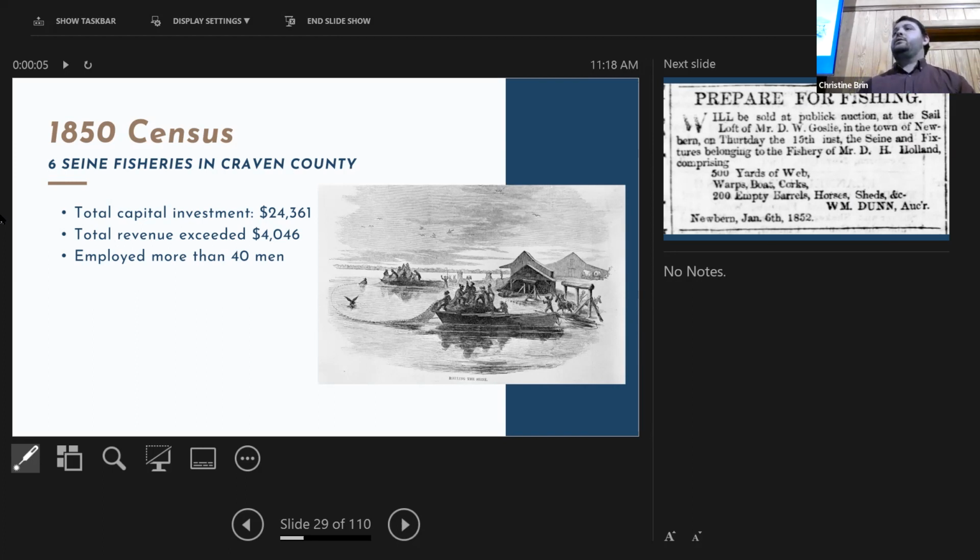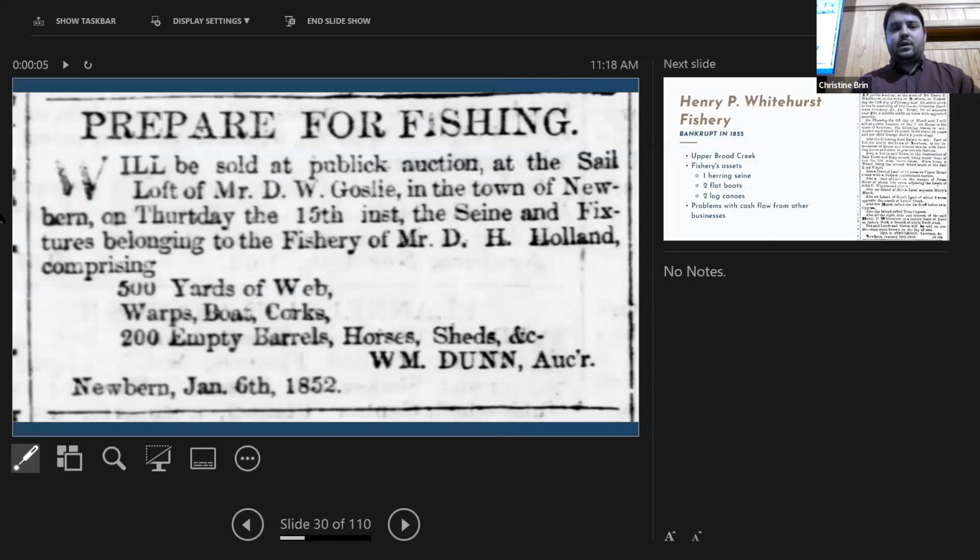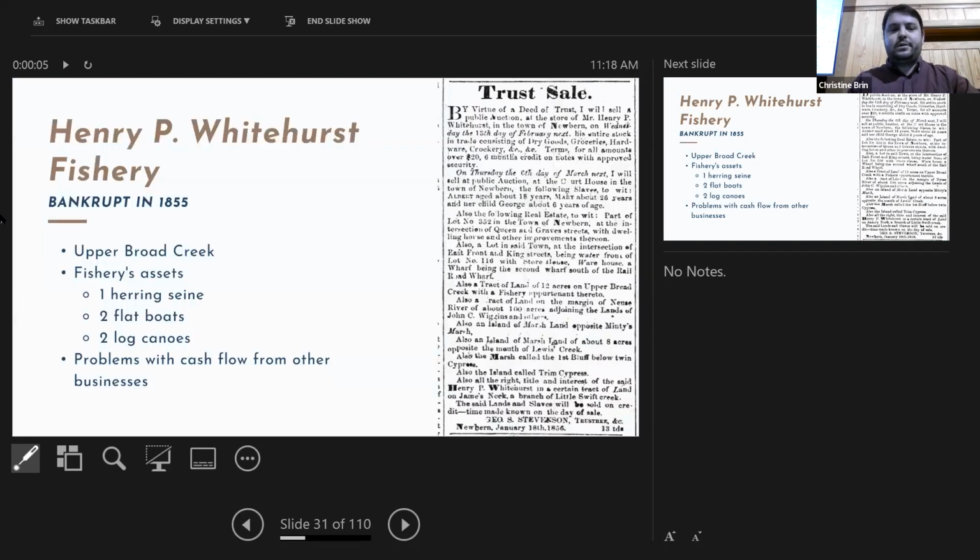And not to mention, there's all these gill net fisheries that are going on, all these dragnet fisheries, and other fisheries that are also taking place besides these big haul seines. And then you have William Dunn also auctioning off the gear for his fishery. So 1852, he's gone out of business, more than likely, or no longer wants to be in business.